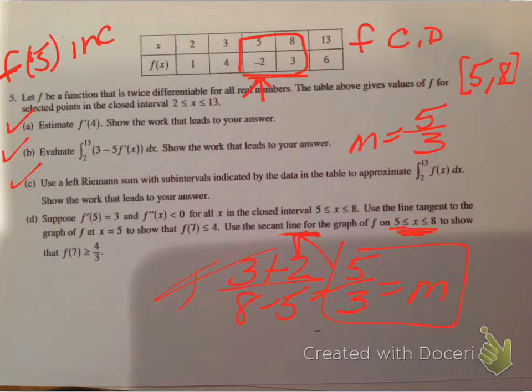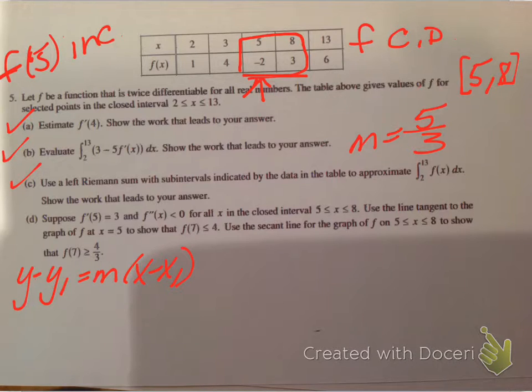Oop. Trying to get my eraser. Okay, so we do the tangent line all over again. Okay, so we already know that m right here is 5/3, so let's get that in there before we forget. Okay, so now which x and y are you going to use?